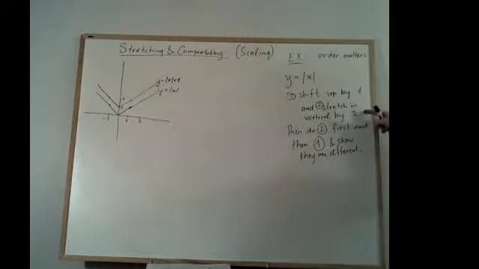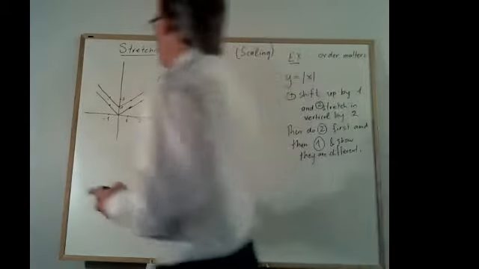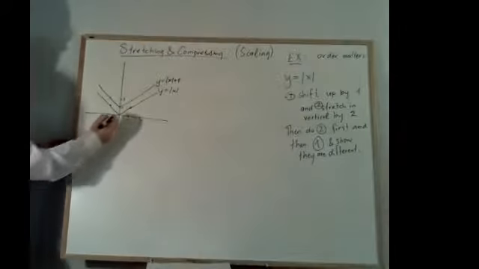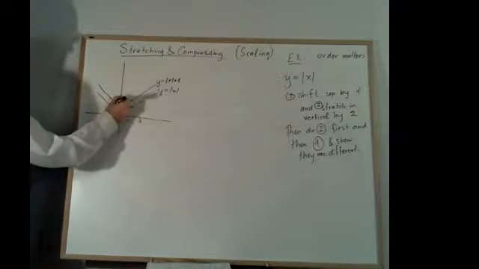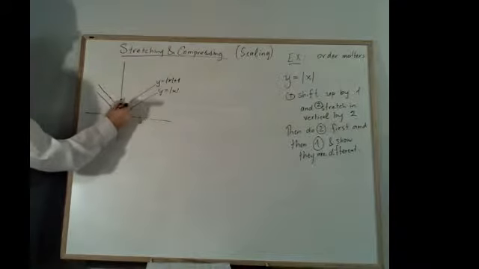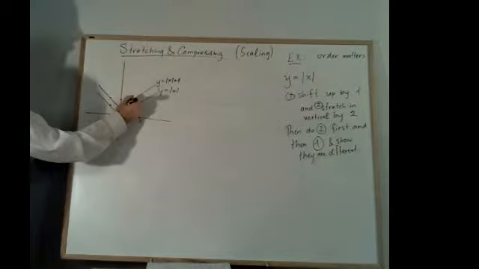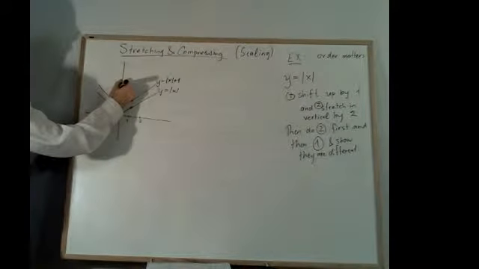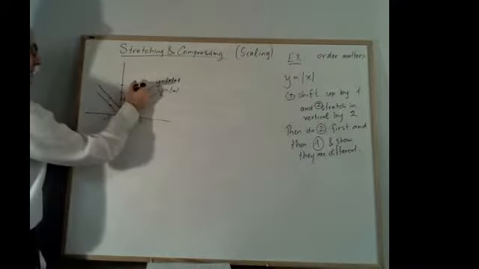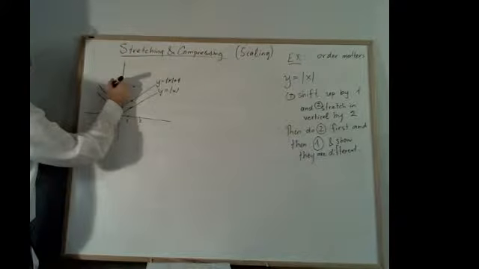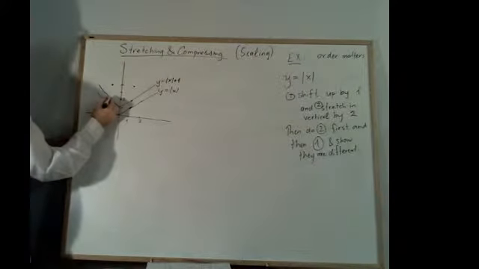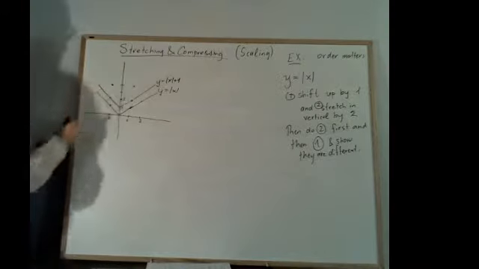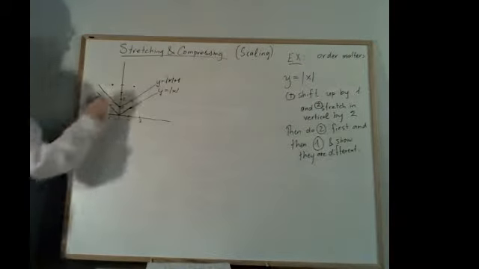So I shift vertically by 1, and then I stretch vertically by a factor of 2. Now each y value gets multiplied by the same factor 2. So 1 gets multiplied by 2, and I get 2. X stays the same. 2 gets multiplied by 2, and I get 4. Likewise, at minus 1, the value of y is 2, and that gets multiplied by 2, and I get 4.